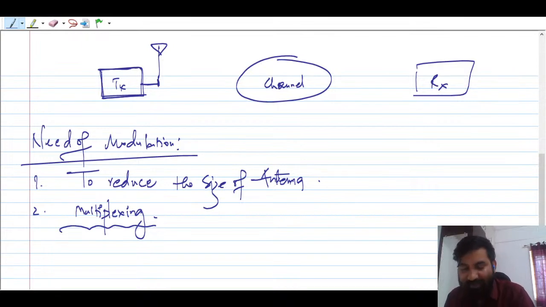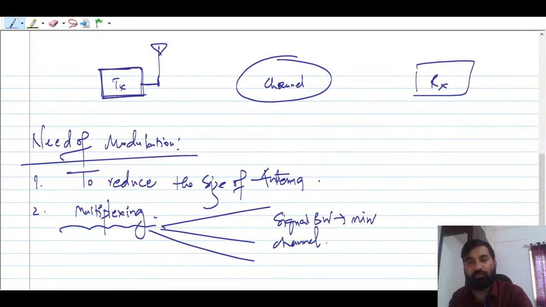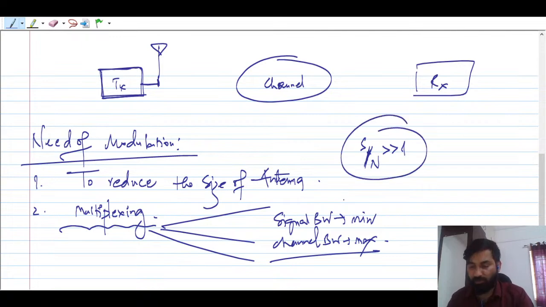So multiplexing will help you understand a few things. Please remember this: you need to keep the signal bandwidth minimum, the channel bandwidth maximum, and the signal to noise ratio should be far greater than 1.